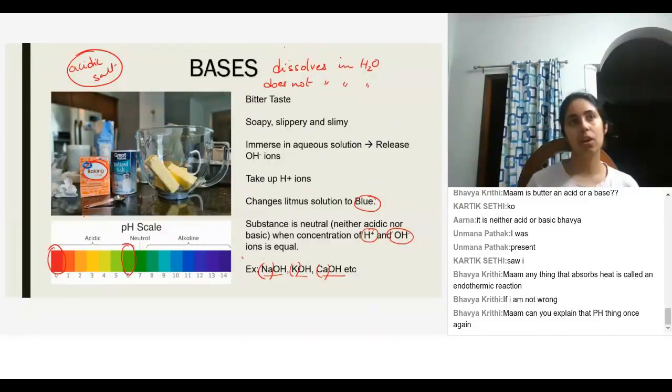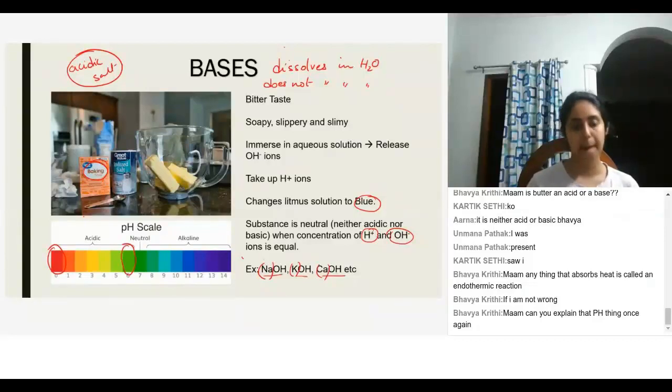I don't think so, because in order for you to test that, unless maybe you taste the salt and tell if it is bitter or sour, but avoid doing that. Don't do that. Otherwise, you have to know the source from where that salt came. Only if you know how that salt was formed can you tell if it is an acidic or a basic salt.